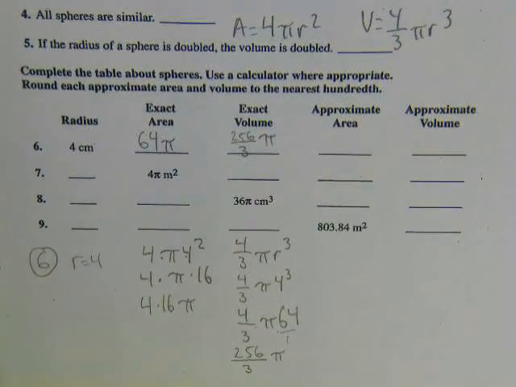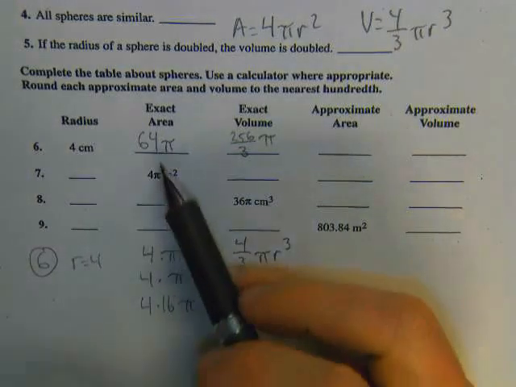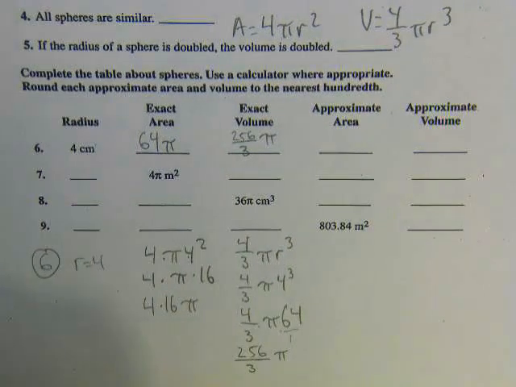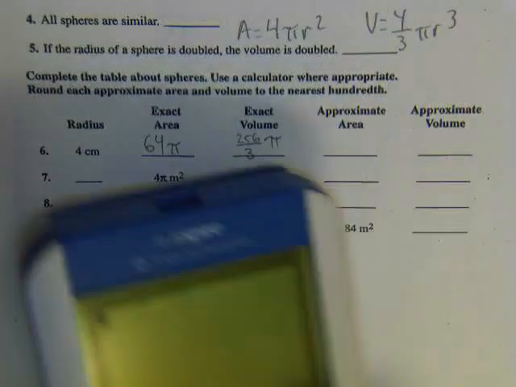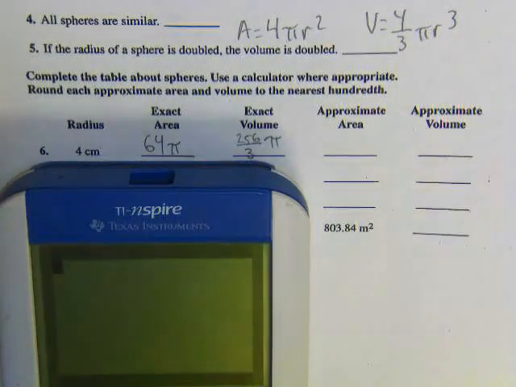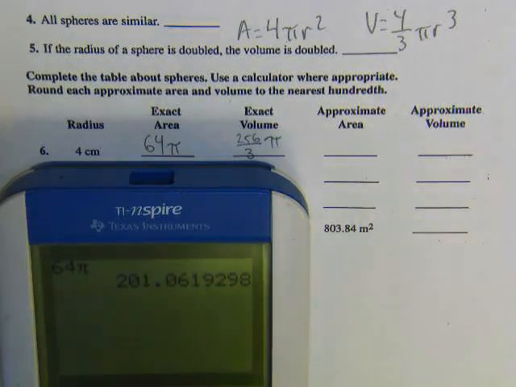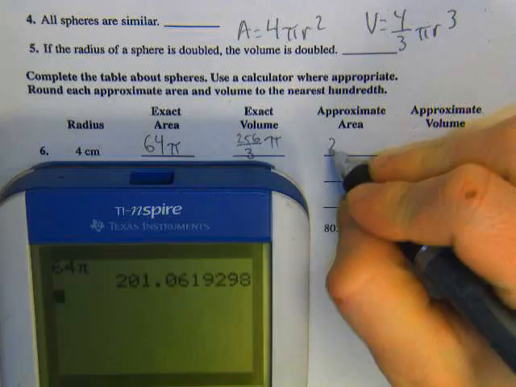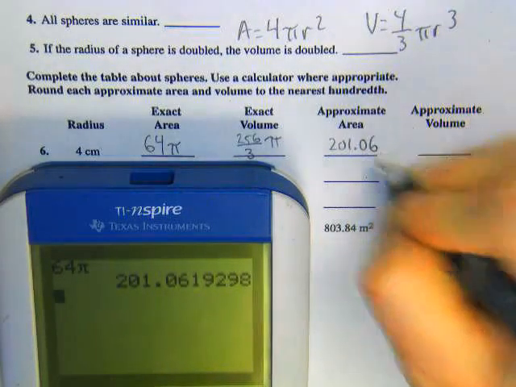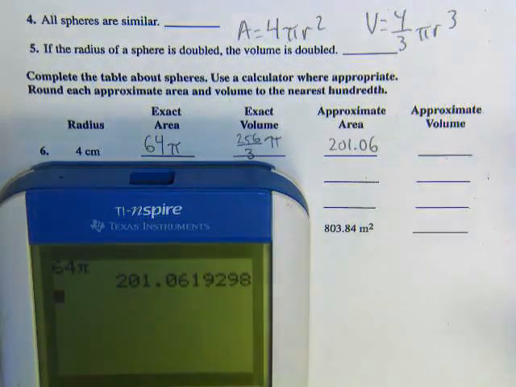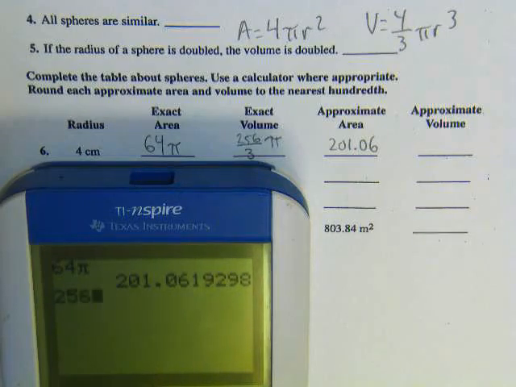Okay, so now we're going to do approximate area and approximate volume. So to get the approximate area, all I do is just plug that in my machine. 0.06, and then approximate volume 256 divided by 3.